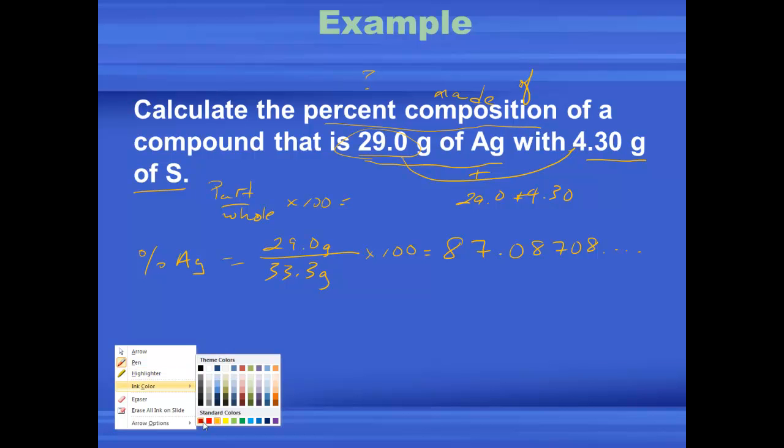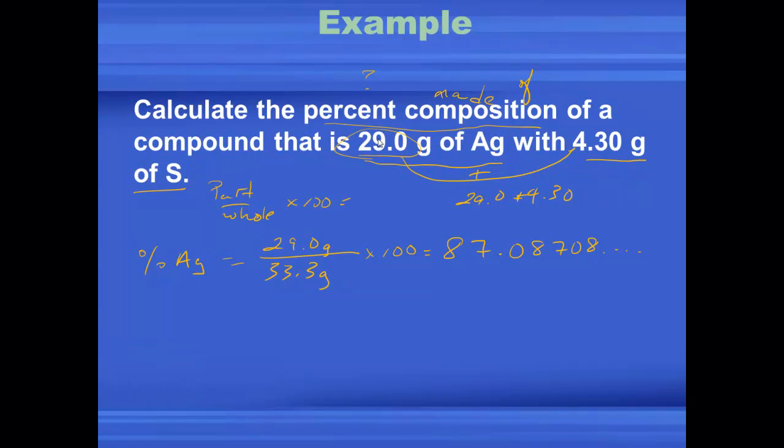Okay, so if we are looking for our sig figs, here I've got 3 sig figs, and here I also have 3 sig figs. Same thing here. This 100 is considered infinite. It's an exact number. So I want to keep the first 3 numbers. Okay, and I look to the next number to round, and 87.1% Ag. So that's part of my answer, is 87.1% Ag.